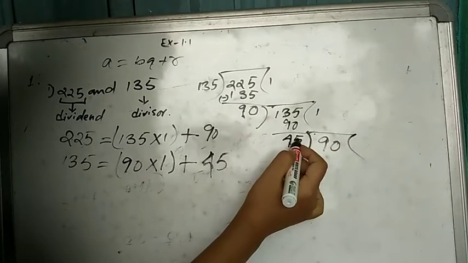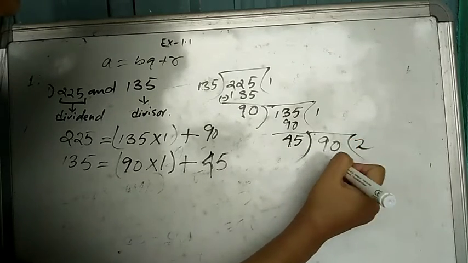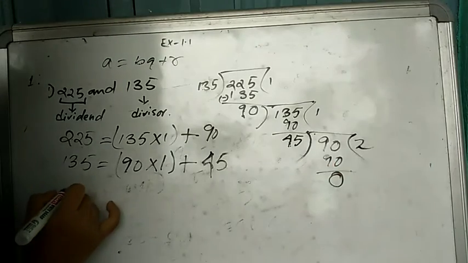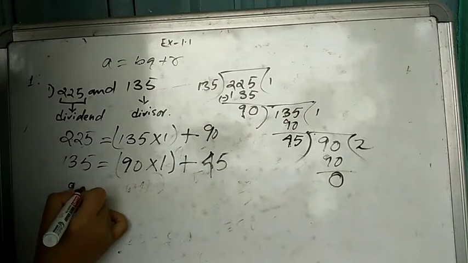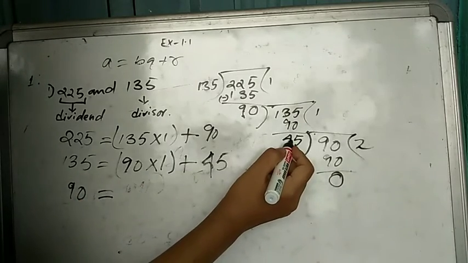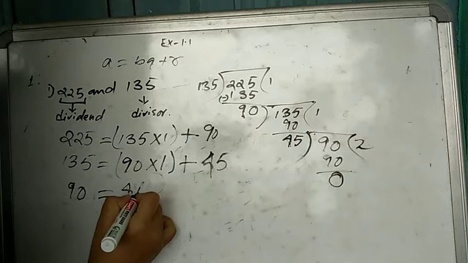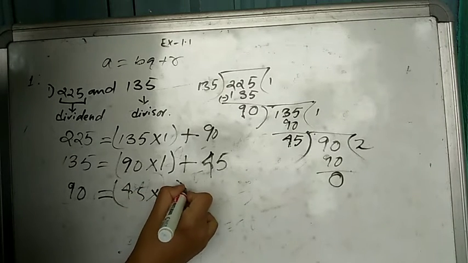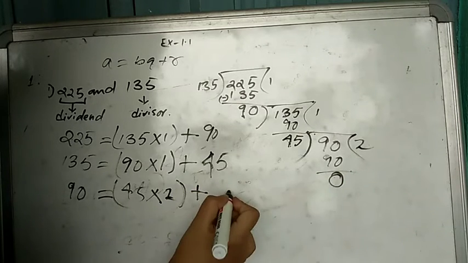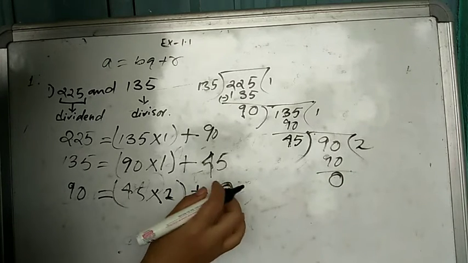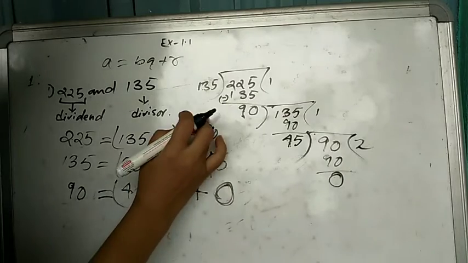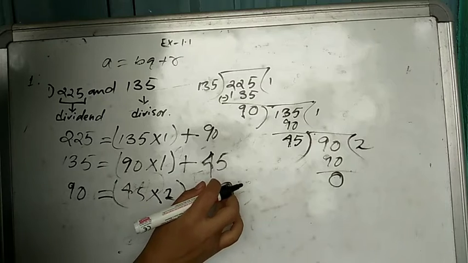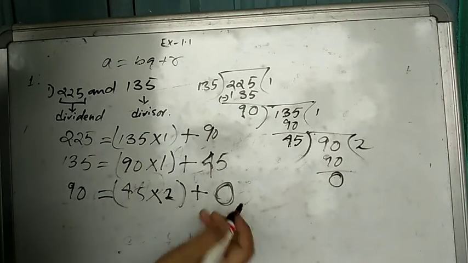So 45 into 2 is 90, and the remainder here is 0. The dividend is 90 here, so I will write 90 equals divisor 45 into quotient 2 plus the remainder, which here is 0. Unless you get the remainder as 0, you need to continue this step by dividing. But when you get the remainder as 0, stop the division.